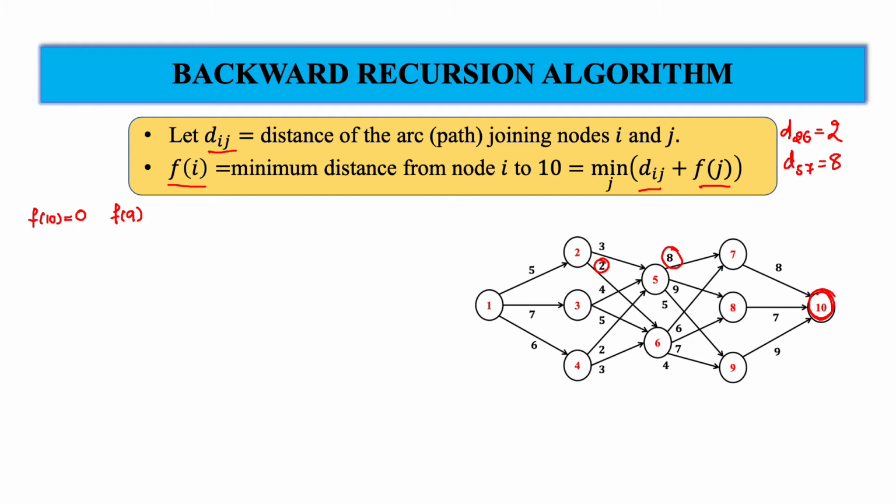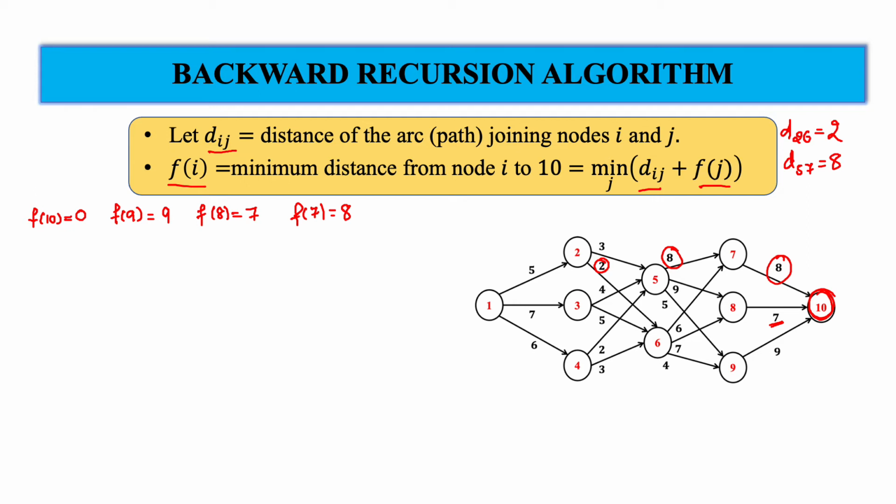So minimum of any single quantity will be itself. So its value is 9. Now we will find out F8. F8 is again a single path. Its value is 7 units, so that is minimum itself. Similarly F7. F7 is again a single path, so the minimum value of F7 is 8.